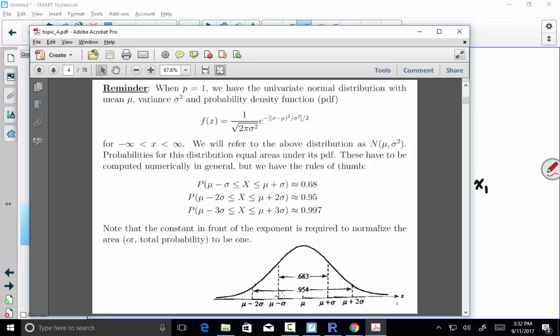The probability that a normal random variable gives you a value within 1 SD of its mean is about 68%. If you go out 2 standard deviations, you get roughly 95%. And if you go out 3 standard deviations, you get almost all of it, 0.997.